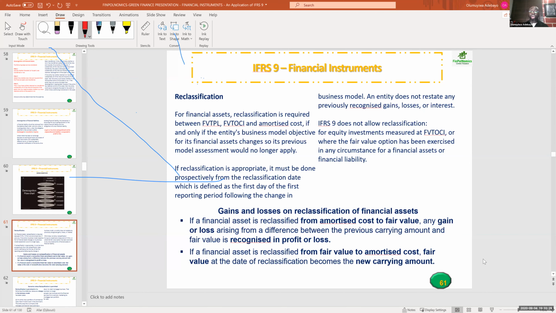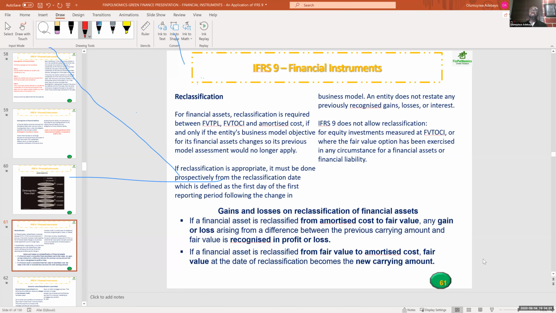Okay, and also IFRS 9 does not allow reclassification for equity investment that is measured at fair value through OCI, which means if you have equity investment measured at fair value through OCI, you can no longer reclassify it as fair value through profit or loss. And neither can you reclassify from amortized cost to fair value through OCI, which means reclassification on the side of fair value through OCI is somehow restricted, or not permitted.